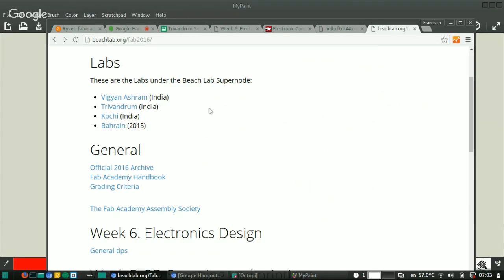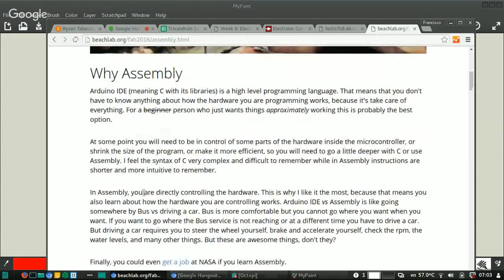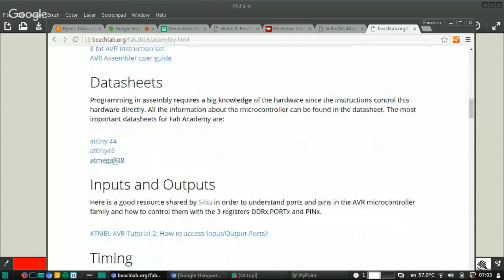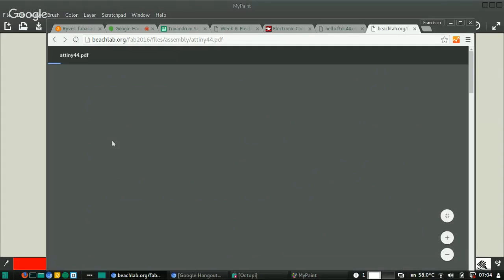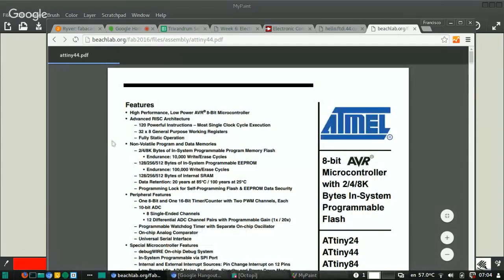If you go to the assembly, this is something you need to have on your desktop from now on, forever: the data sheet of the microcontroller. In here, it's all the information about the microcontroller.